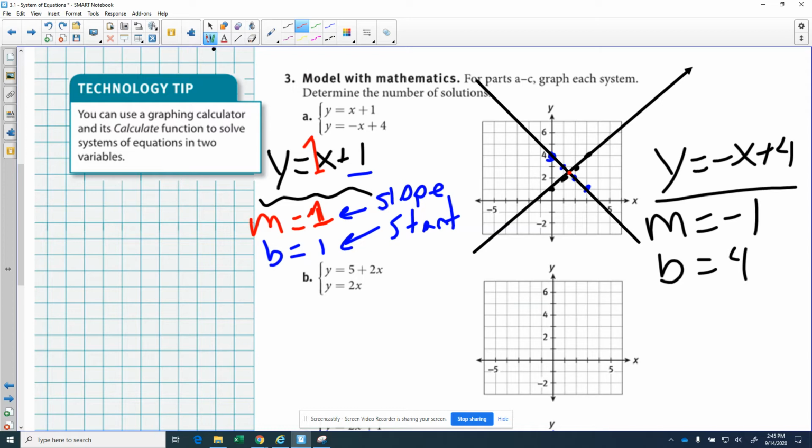So this is where graphing comes into an issue. While it's nice to know that they cross at a specific spot, so I can assume that somewhere in this region where x is about 1.5, y is about 2.5, at some point in that region, I'm going to have an answer. I don't really know what that exact answer is.